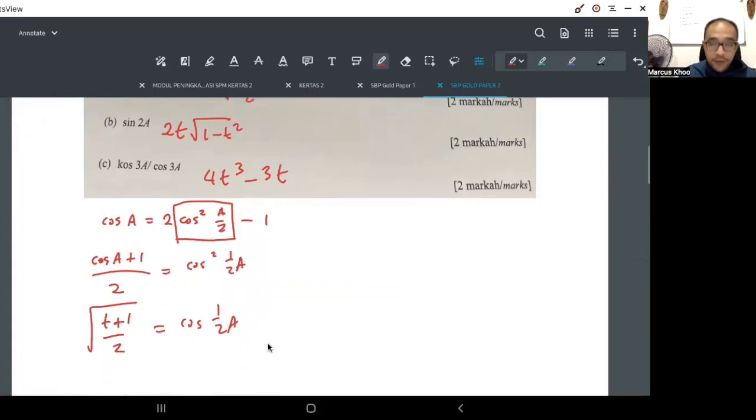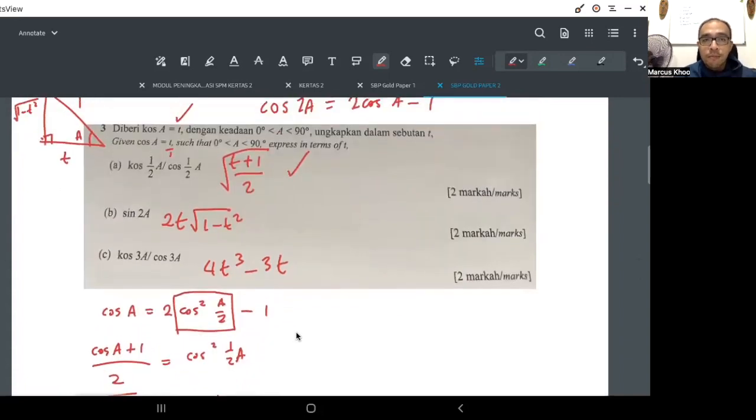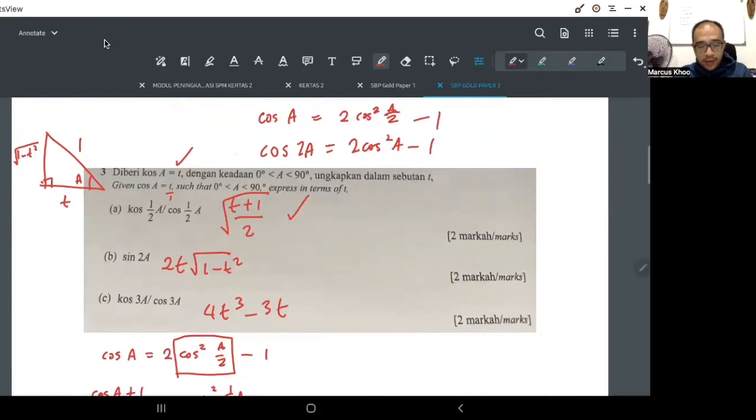One important thing to remember about the half angle, there is no half angle formula that is given to you. So you will probably have to use this kind of weird thing: use 2A and then you half it so that the 2A becomes A and the A becomes half A. It is an answering technique that is very commonly used in trigonometry questions, especially when it comes to proving.